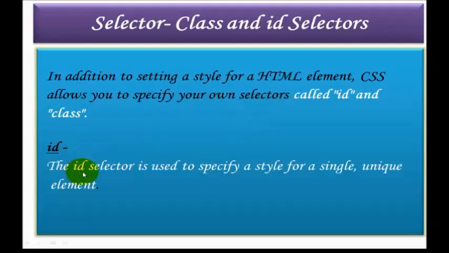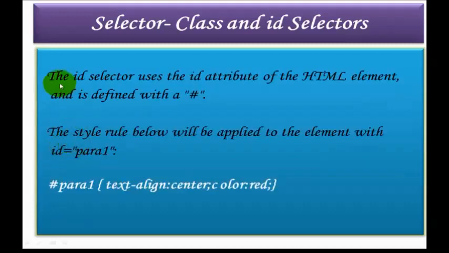ID. The ID selector is used to specify a style for a single unique element. If you want to specify a style for a single unique element, you want to use ID. The ID selector uses the ID attribute of the HTML element, and it is defined with a hash symbol. Whenever you want to define an ID selector, it should start with the hash symbol.